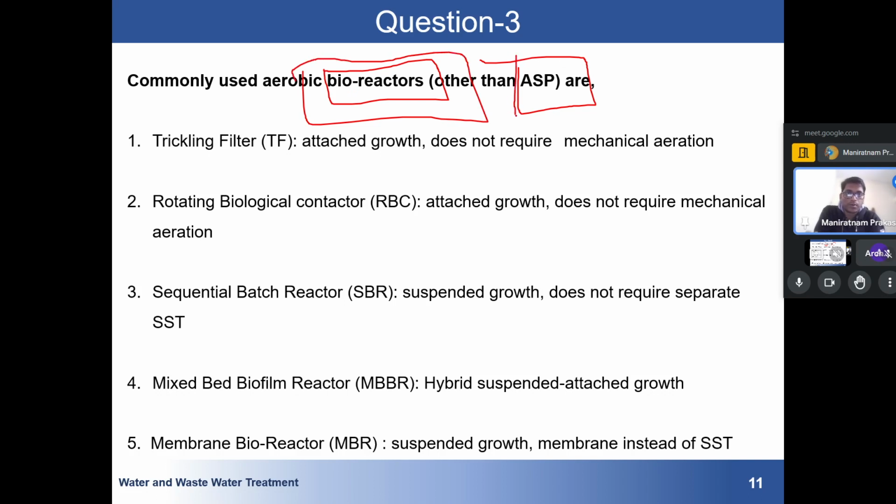Generally we use activated sludge processes to treat organic matter. Please mind my words: instead of saying bioreactor, I was saying activated sludge process. But activated sludge process is itself a bioreactor.